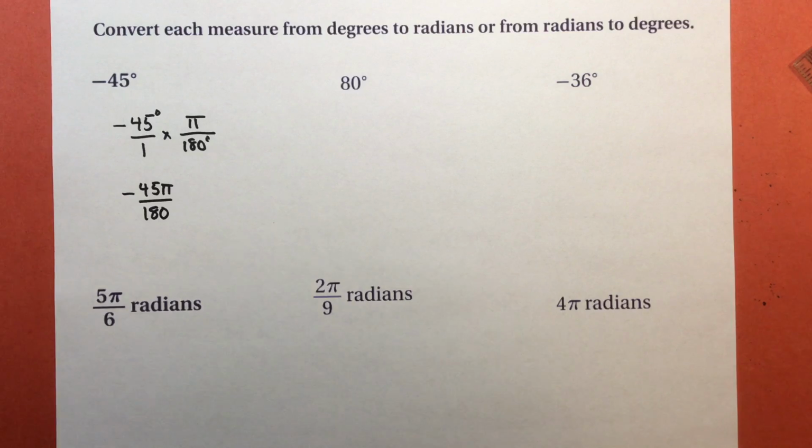Now, this is where I need to reduce my fraction. Before you start to panic and think this is really hard, after learning how we divide up the circle, you're going to recognize what fraction this is really quick. So let me grab my protractor again.